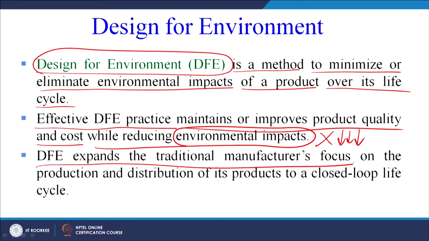So, DFE expands the traditional manufacturer's focus on the production and distribution of its product to a closed loop life cycle. A closed loop life cycle may seem to be a very difficult term for a traditional manufacturer to understand, but it can be explained in a very simple manner: once you derive any raw material from nature, we are using it for converting into an engineering product.